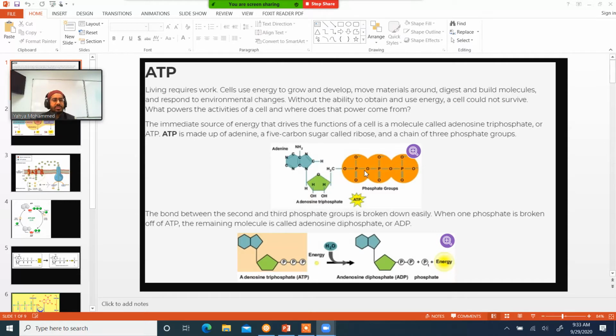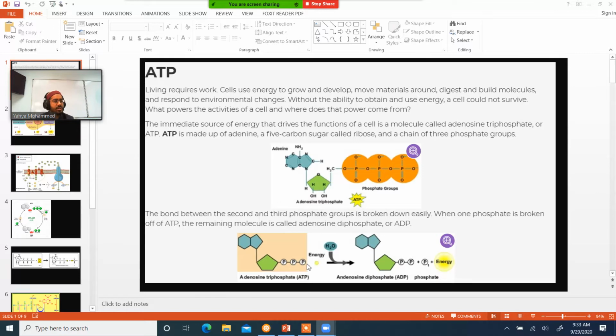Now the difference is in this one you have three phosphate groups. One, two, three. So this thing right here is called ATP, or adenosine triphosphate, triphosphate meaning three phosphate groups. Here's basically what happens.